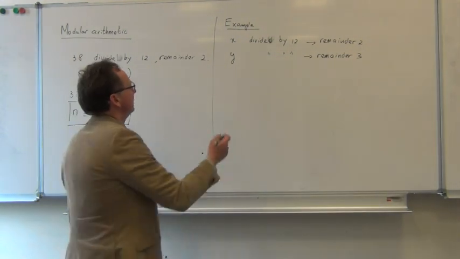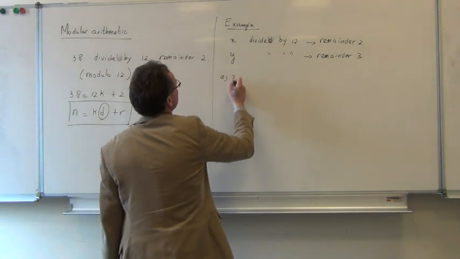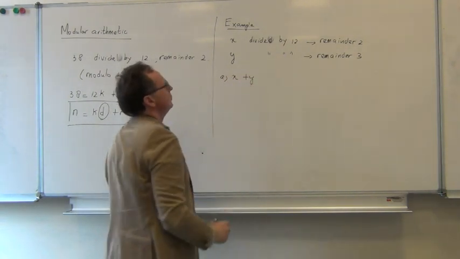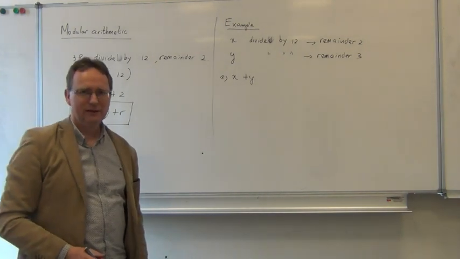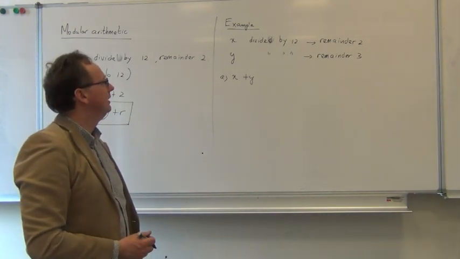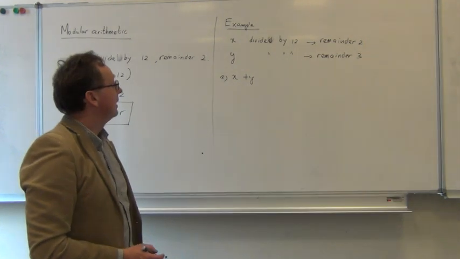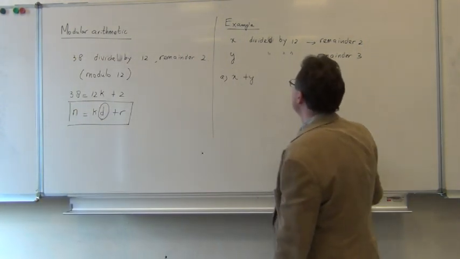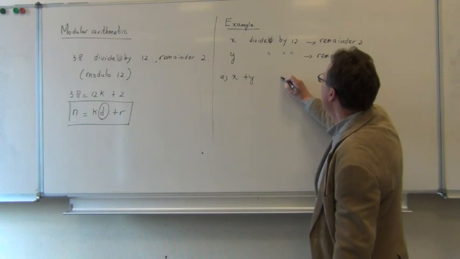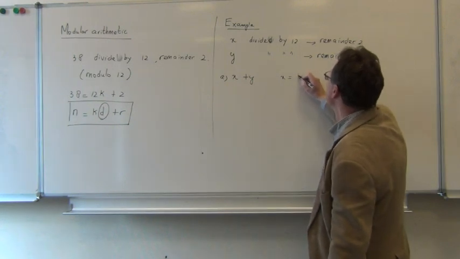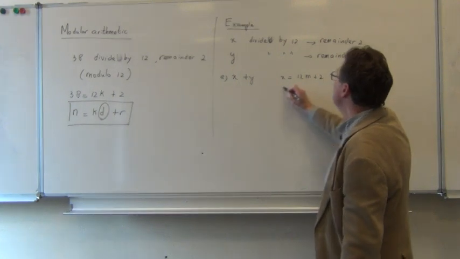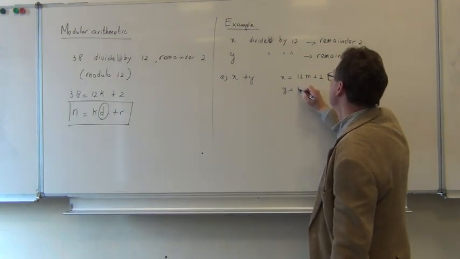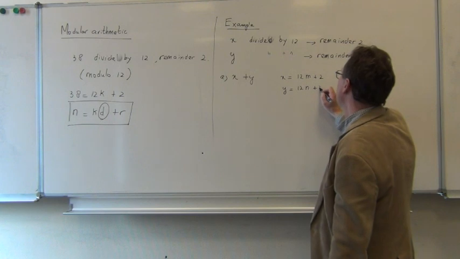Let's first consider the situation x plus y. Can you just say that if you add up, the remainder will be 5? That turns out to be yes, which you can easily show. Using that notation, we can say x can be written as 12m plus 2, and y can be written as 12n plus 3.